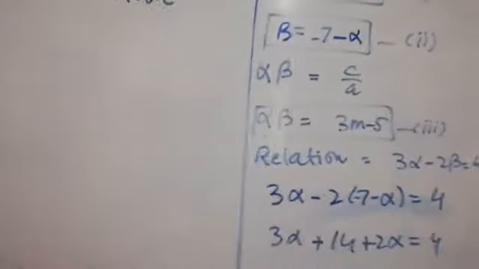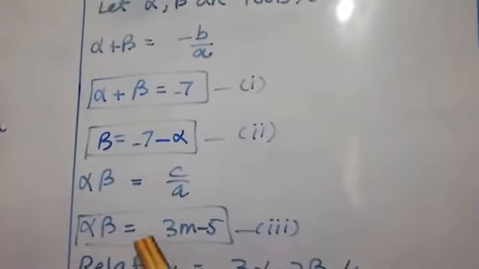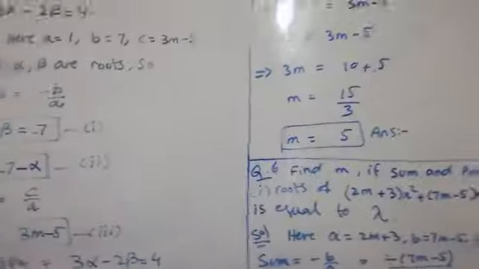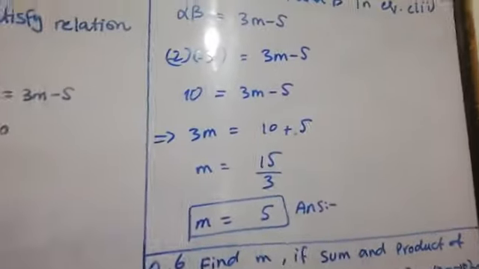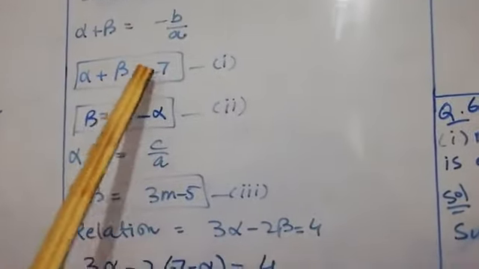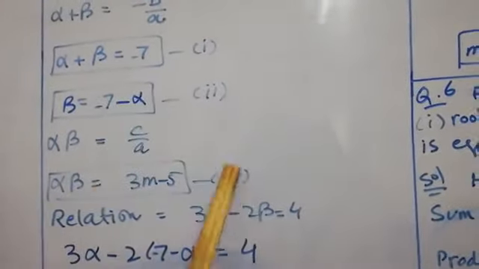Now we will put the values of alpha and beta in equation number 3, which is alpha beta equals 3m minus 5. Why? Because we are going to find the value of m, and m is present only in this equation. There are 3 equations and only m is present in this one.